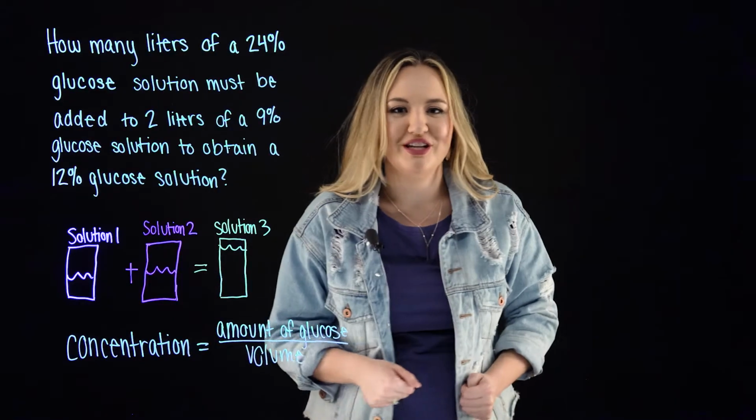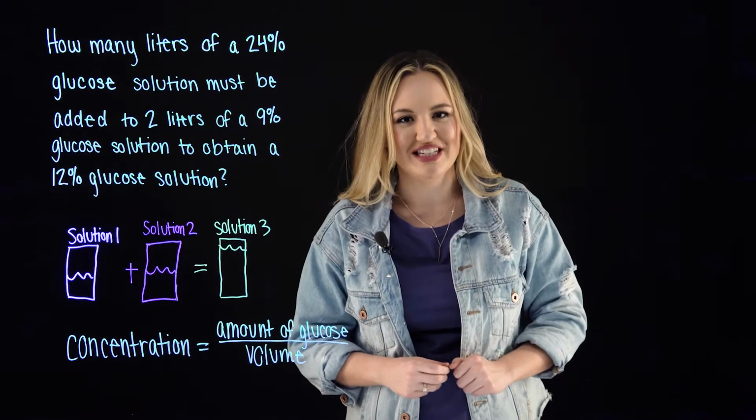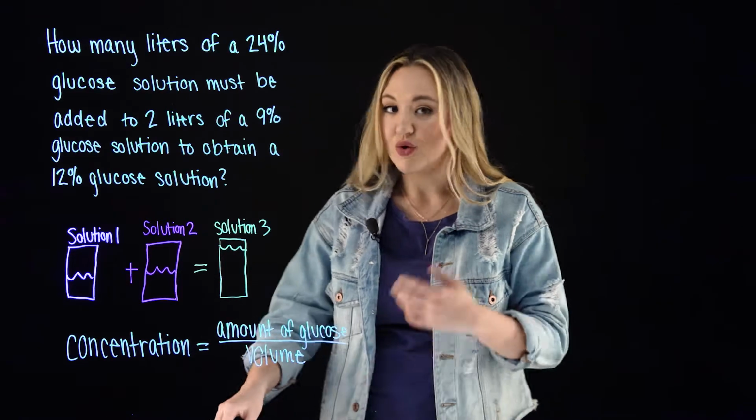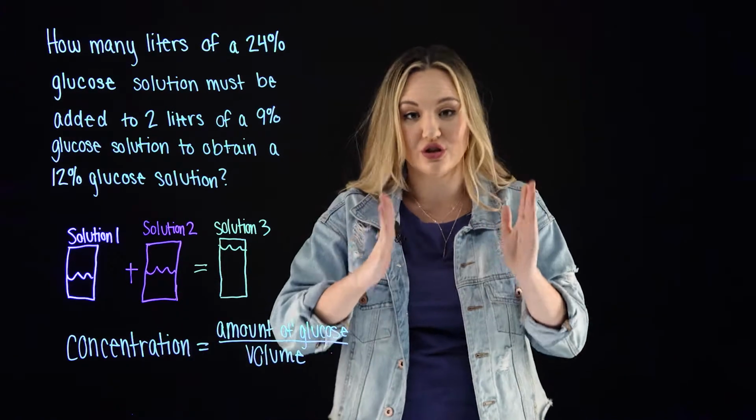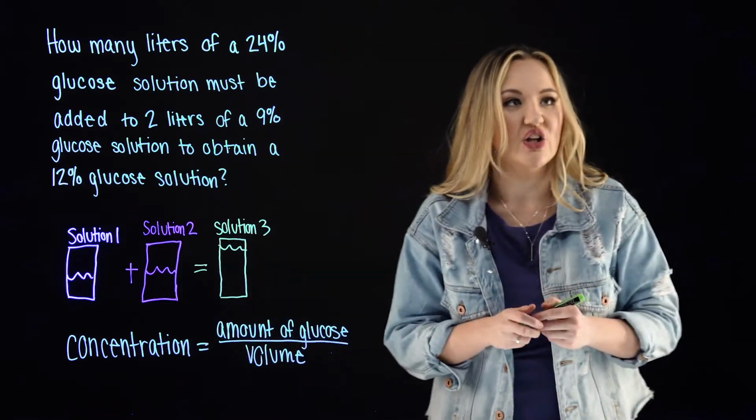This concentration equation is an important equation that you need to know for these types of questions. So we're going to fill out a table that has all of this information in it for each solution.